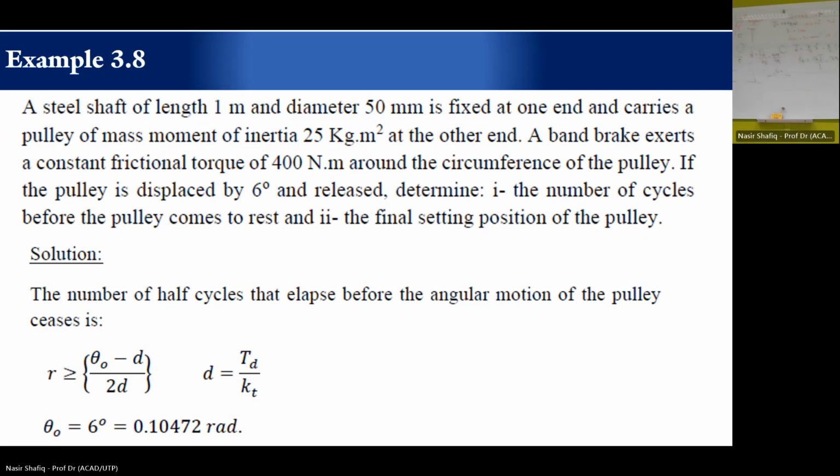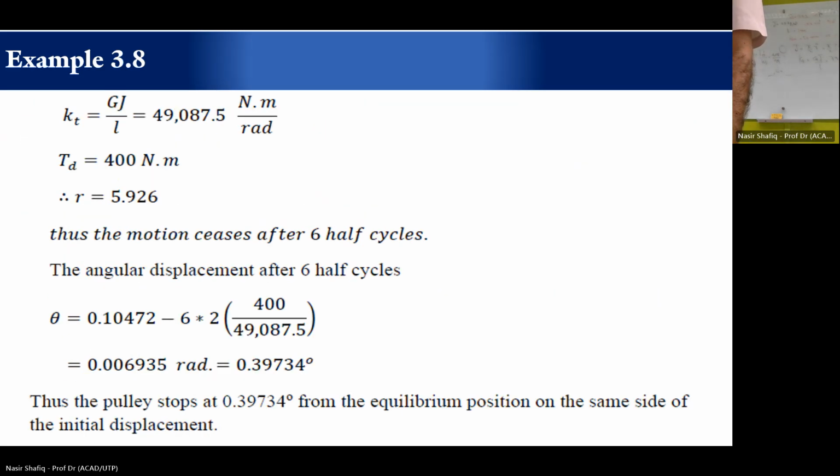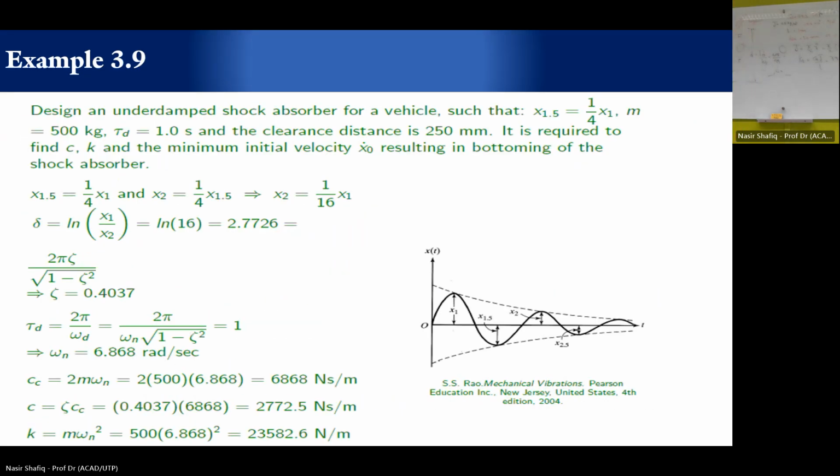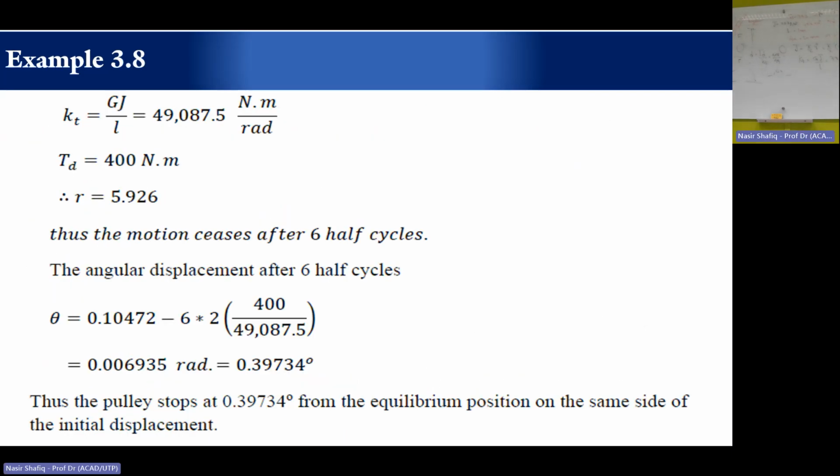Minus 400 divided by 49,000 something divided by 2 into 49,000 something. So this answer is coming, it is correct. This answer is coming 5.92, right? It is correct.